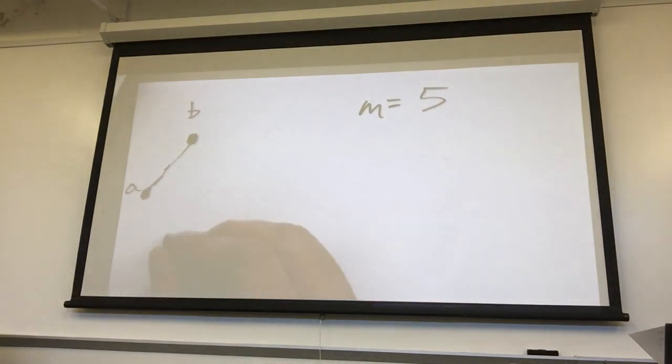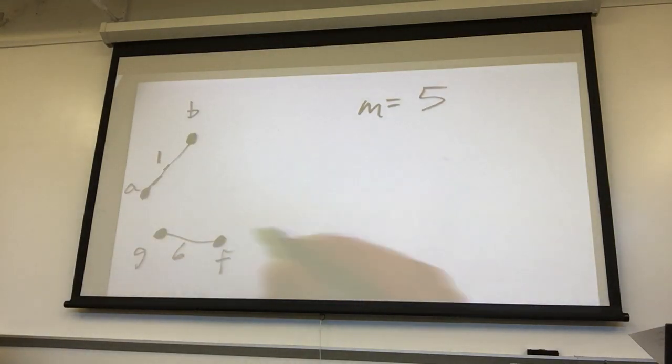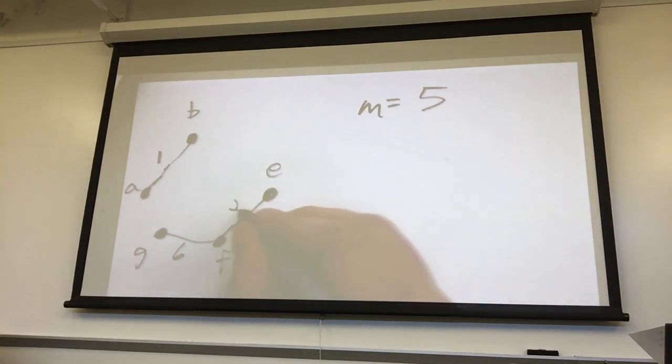That was G. G is going to be connected to F. That's 1, that's 6. F will be connected to E, and that's got a 2 right there.